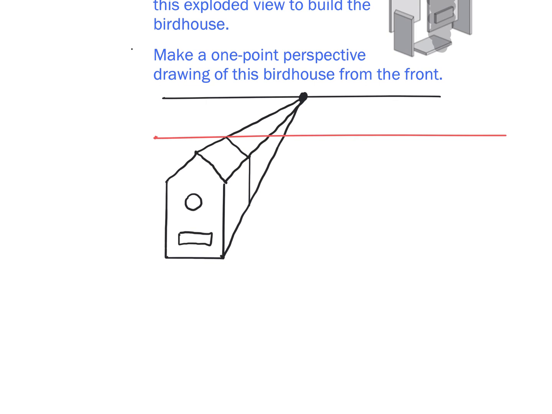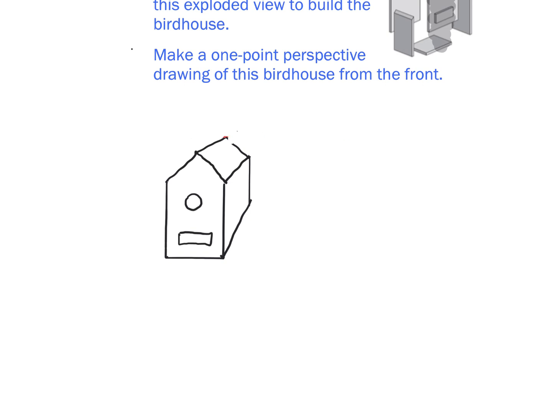And then just go ahead and erase all the other stuff. So that you have that nice birdhouse with 1-point perspective. All right, so there we go. There's our birdhouse with 1-point perspective.